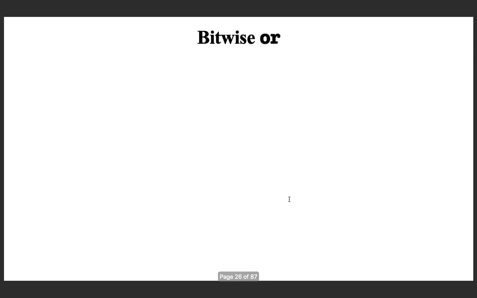The next operator that we are going to see is bitwise OR. We want to perform the OR operator. If you perform OR between two binary bits, if both are 0, then the answer is 0, otherwise it is 1. That is, 1 or 0 is 1, 0 or 1 is 1, 1 or 1 is 1, and 0 or 0 is the only case when the operator results in 0.